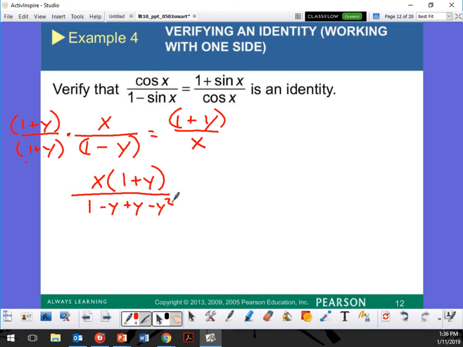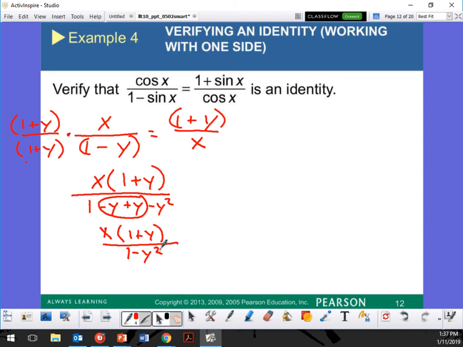What's going to happen to these middle terms right here? They're going to cancel out. That goes to 0, right? That cancels. So now, since these go away, it's going to be x, I'm rewriting it, times 1 plus y over 1 minus y squared, right?